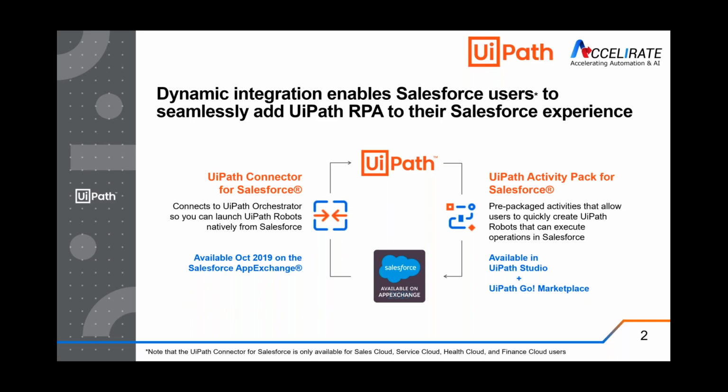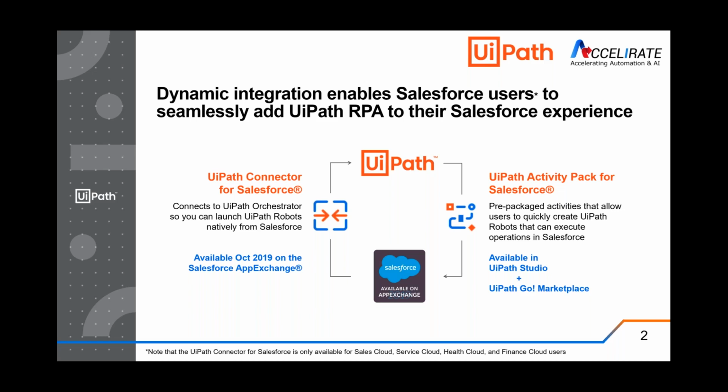But to bring more flexibility, scalability, and especially quickness of delivery to our customers and partner ecosystem, UiPath has developed a number of native integrations with leading software platforms out there, not least of which Salesforce, which is one of our close technical partners.